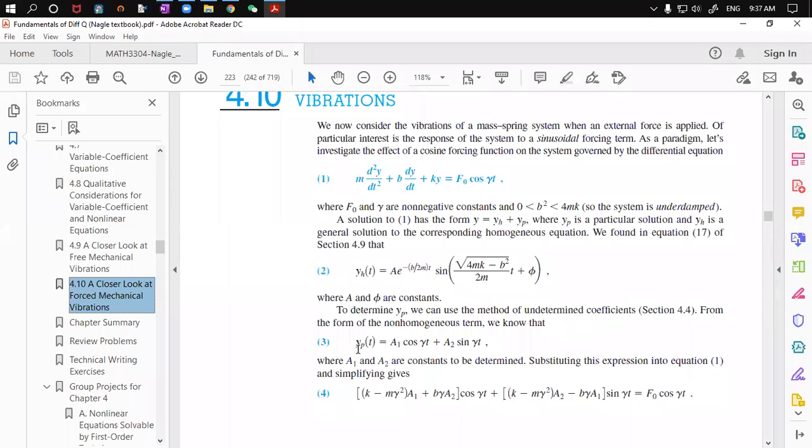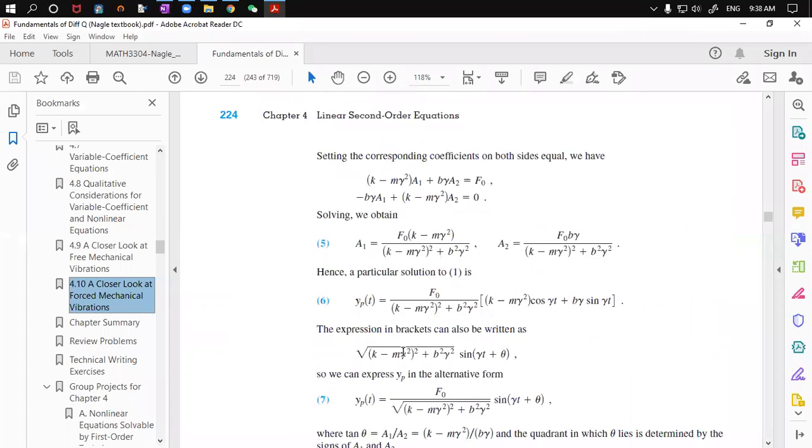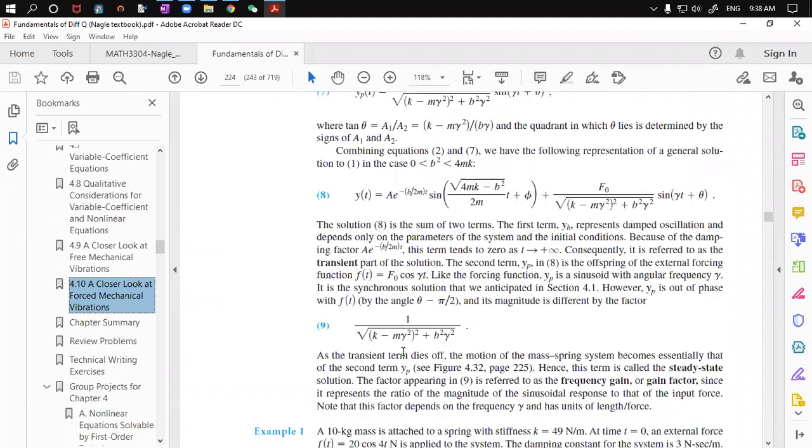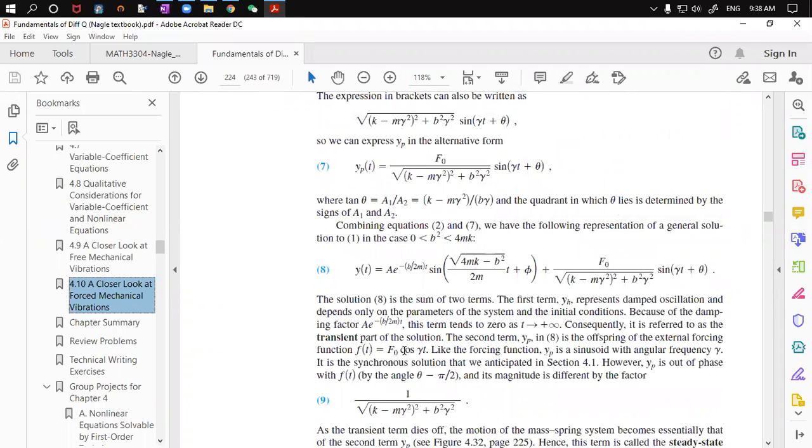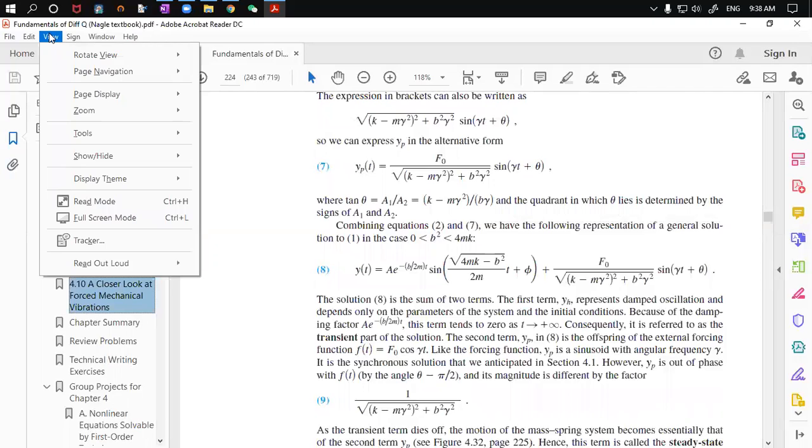Here you can see they're trying to have a general solution. This is the complementary as well as the particular solution. You find the a's, so I'm not going to quite do that. But in the end, the solution is going to take such a form. Let me see if I can take a snapshot here.